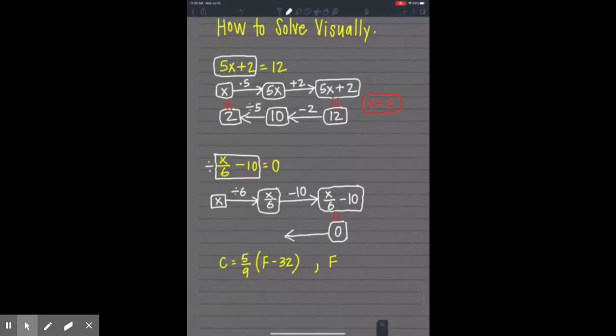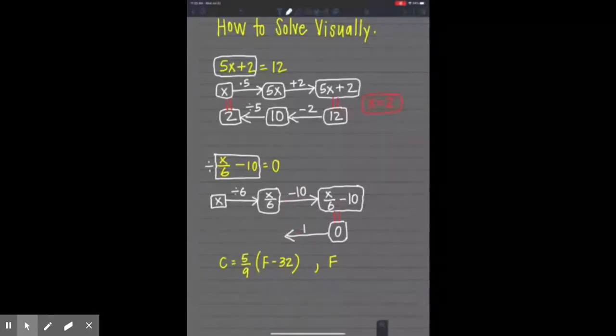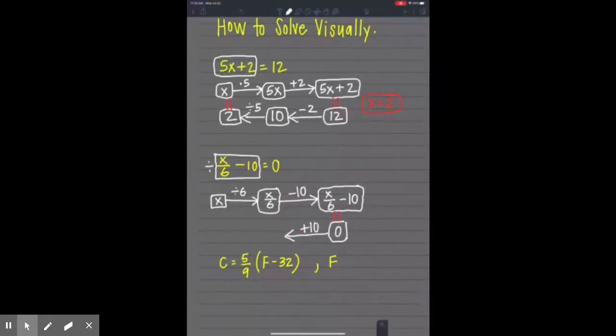And now we're going to go backwards, and we're going to start with 0, and we're going to do the opposite operation. So the opposite of the minus 10, we're going to put down here, which is plus 10. So obviously 0 plus 10 is 10.